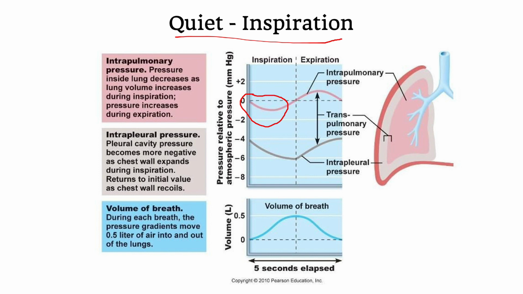So 0 is the atmospheric pressure. So during tidal or quiet inspiration, this is the decrease in terms of intrapulmonary pressure. So you can see that this quiet inspiration will draw about 500 ml of air per cycle.